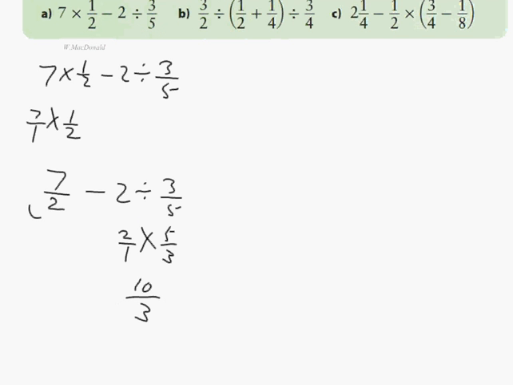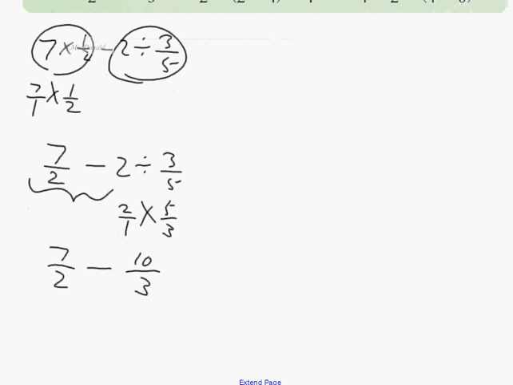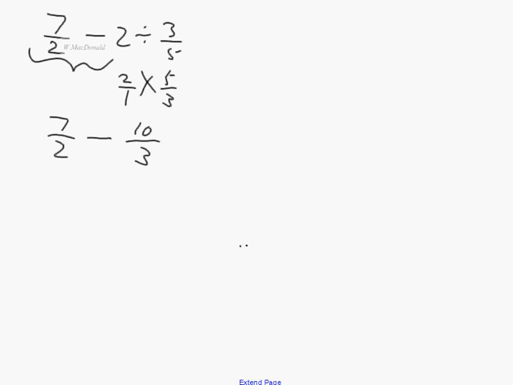So this 7 halves comes right down there. So 7 halves take away 10/3. Now I'm simply going to subtract them from each other. Find your common denominator when you subtract fractions. In this case, 2 and 3 will become 6.